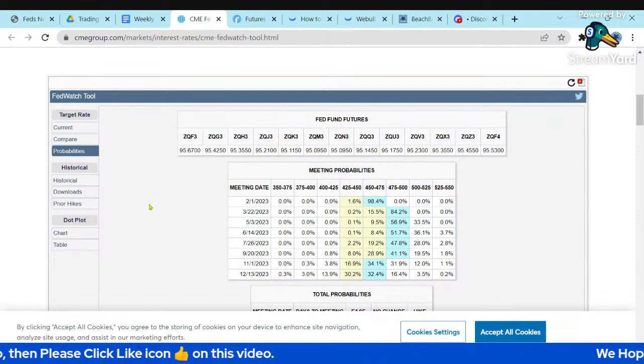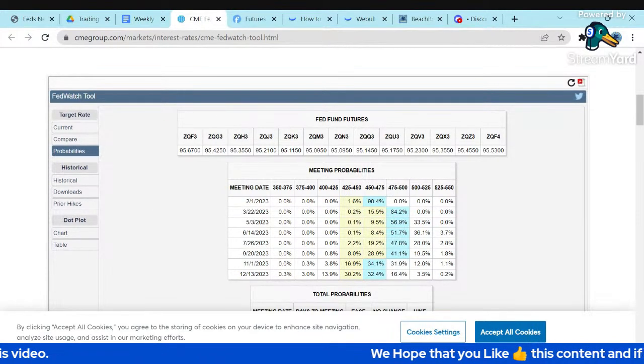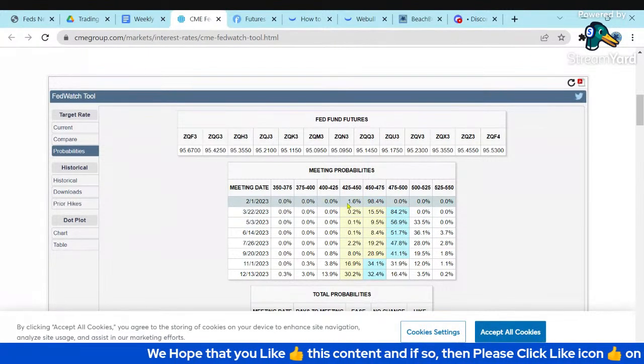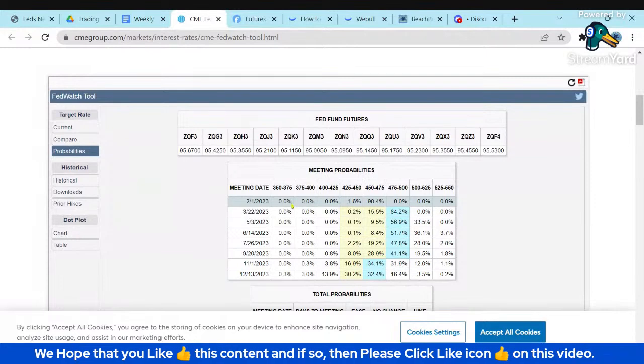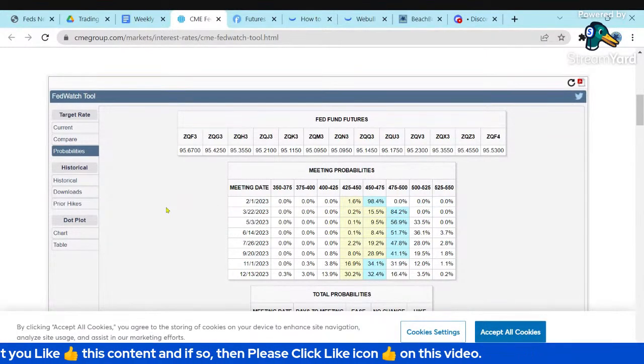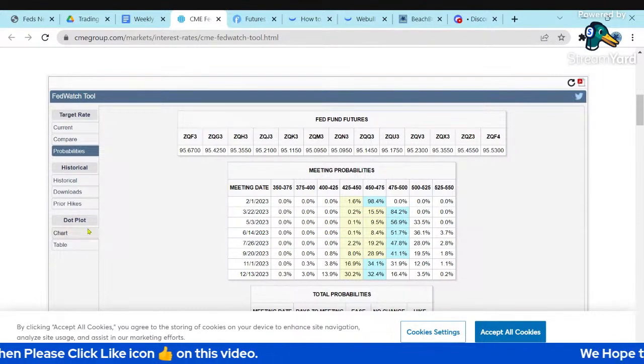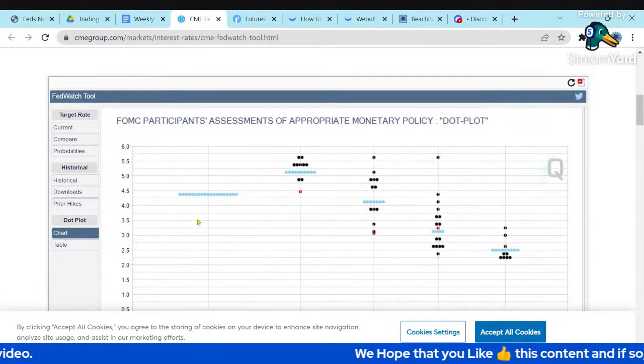So boy, if they came out with a 50, you could see a pretty violent negative market reaction. So be prepared. And again, if they came out with no hike, that would be unexpected. So how would the market react? I think that would depend more on Powell's comments than on the actual rate hike itself.